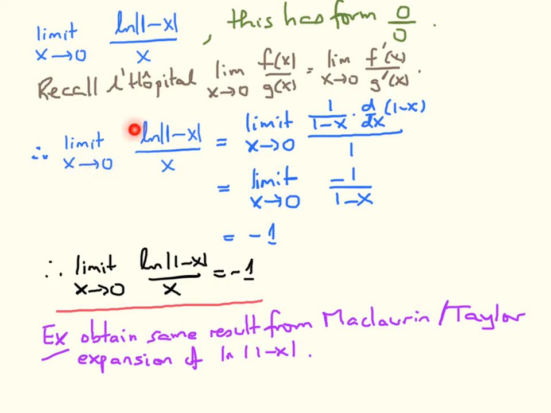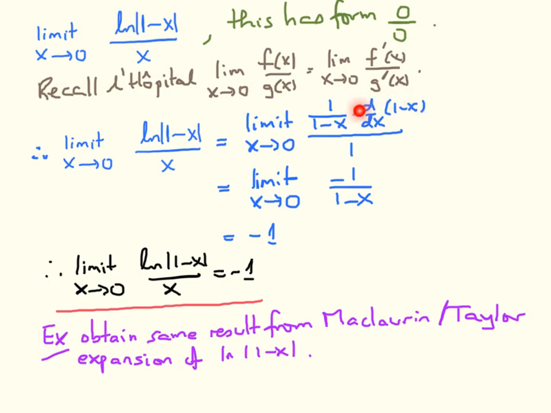So the derivative of the log of 1 minus x is going to be 1 over the argument of the log, so 1 over 1 minus x, times, because we're using the chain rule, the derivative of the argument of the logarithm, so the derivative of 1 minus x.